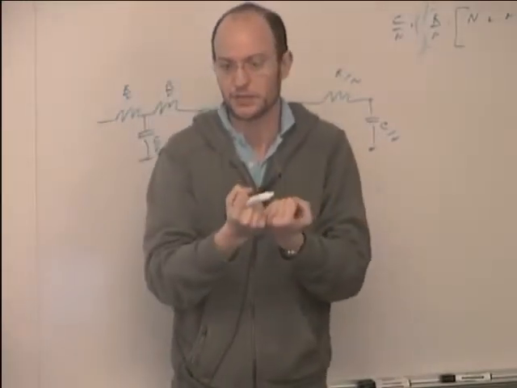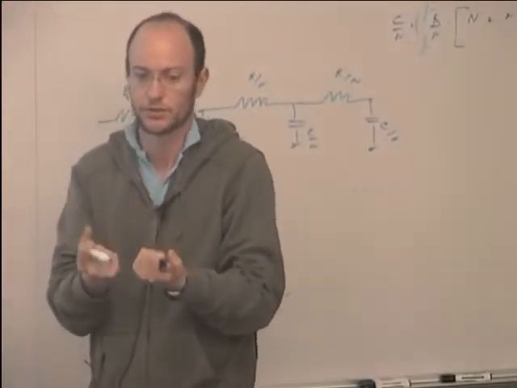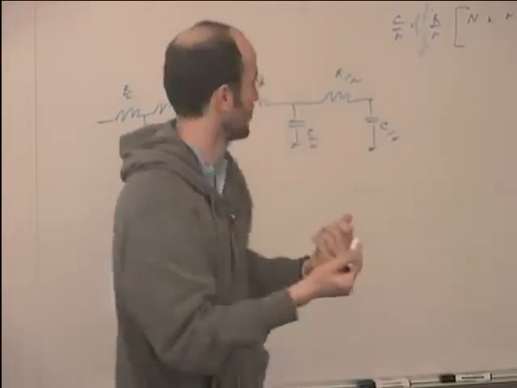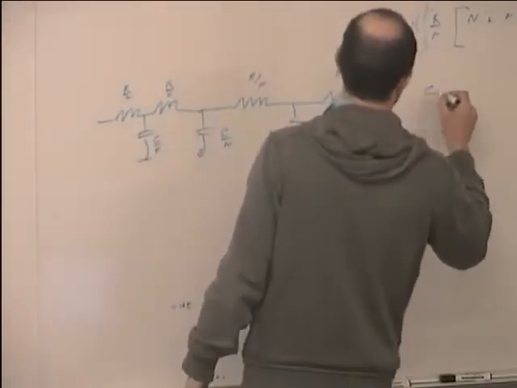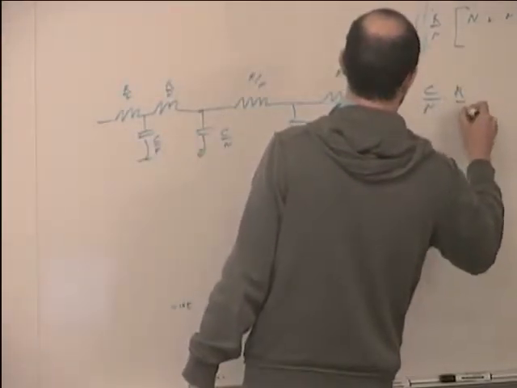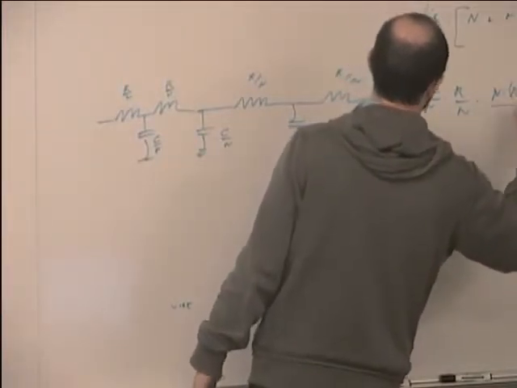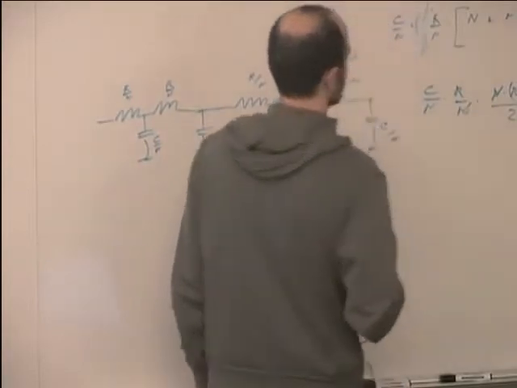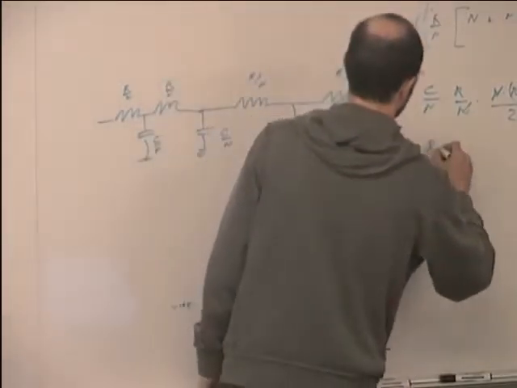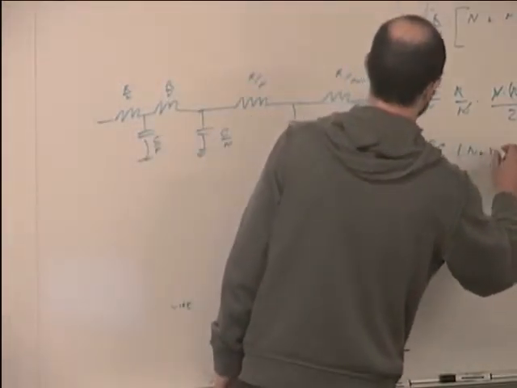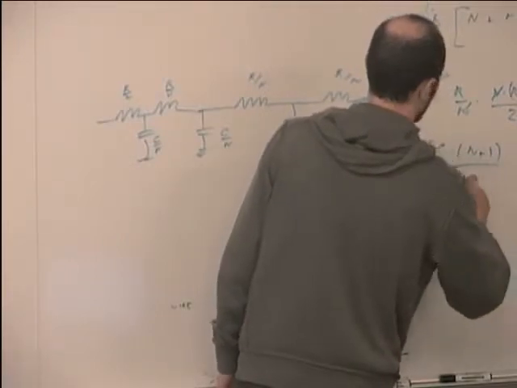Because you are choosing pairs, there are only n over 2 pairs, and each gives you n plus 1. So this becomes C over n times R over n times n times n plus 1 over 2, and you get RC times n plus 1 over 2n.